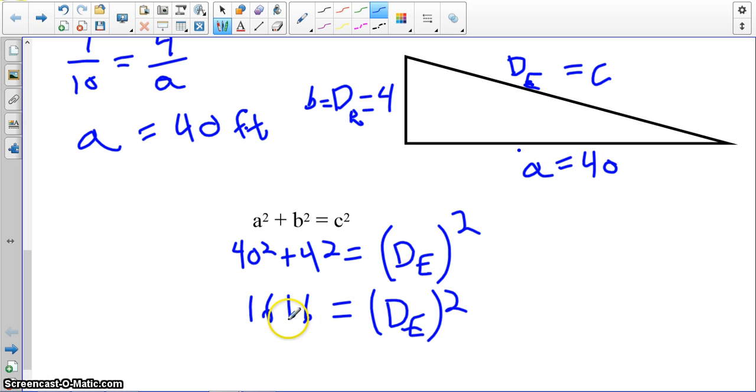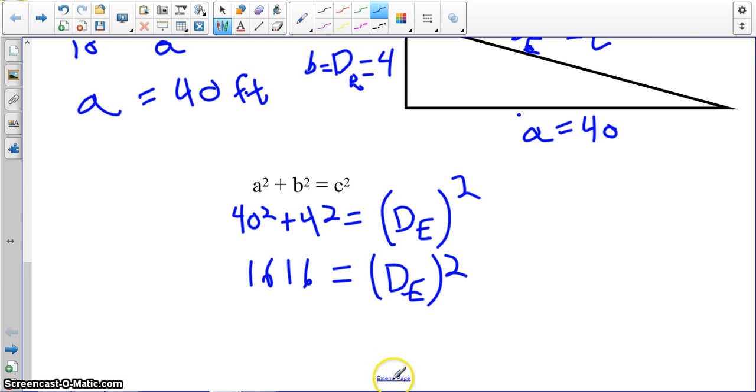So how do you solve something that looks like this? Hopefully you've seen this before. If you want to solve something, blah squared equals a number, then the thing you're trying to find out, in this case DE, is just equal to the square root of the 1,616.